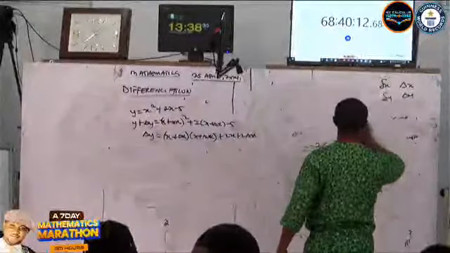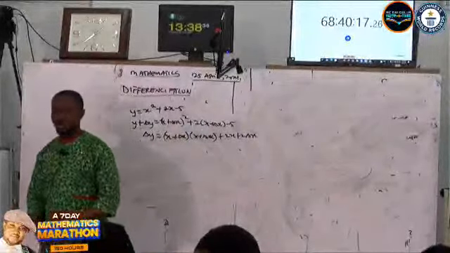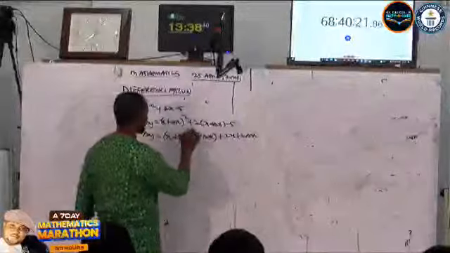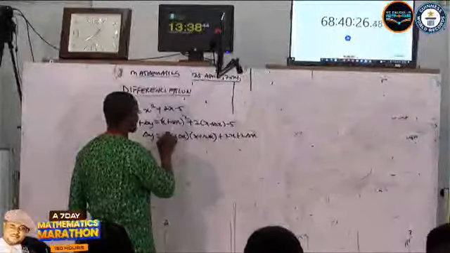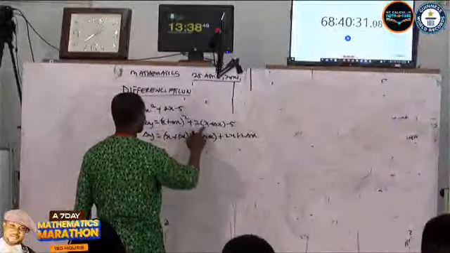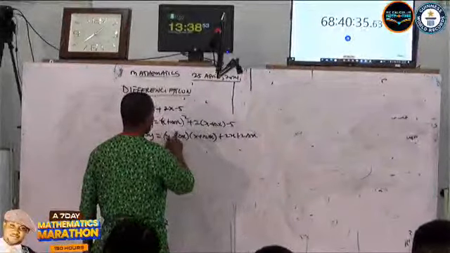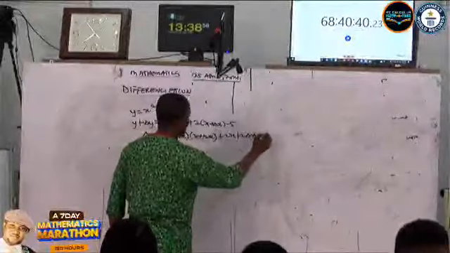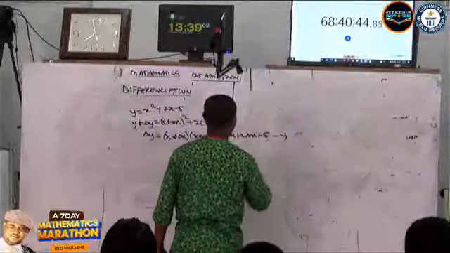Then you now have x plus change in x all squared. Now this is 2 of this, minus 5, then minus y.